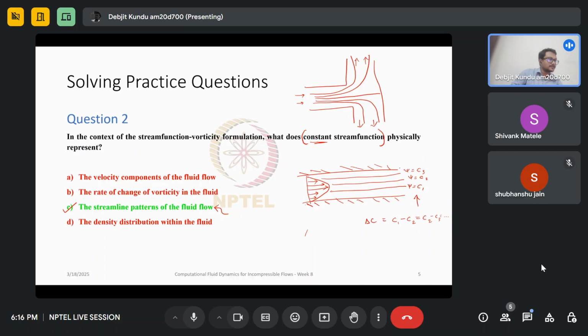In that case, if you get very densely packed streamlines like this versus very sparsely packed streamlines elsewhere, it means that the velocity here, let's call it u1, versus the velocity here, u2, which one do you think will be greater, between u1 and u2?